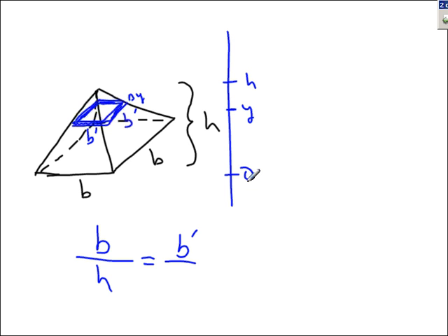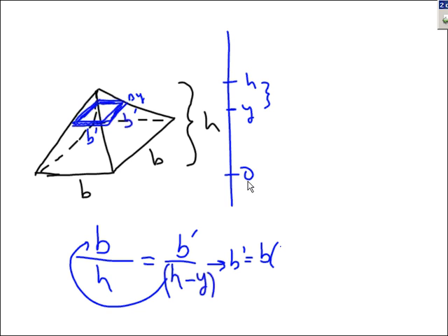Well, the new height is that distance, which is h minus y. Solving for b prime, b prime is b times h minus y over h.